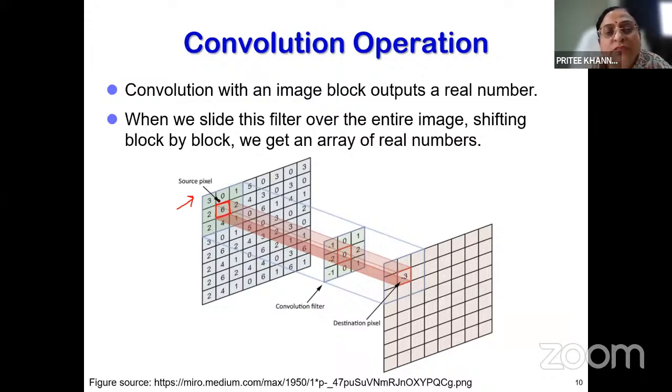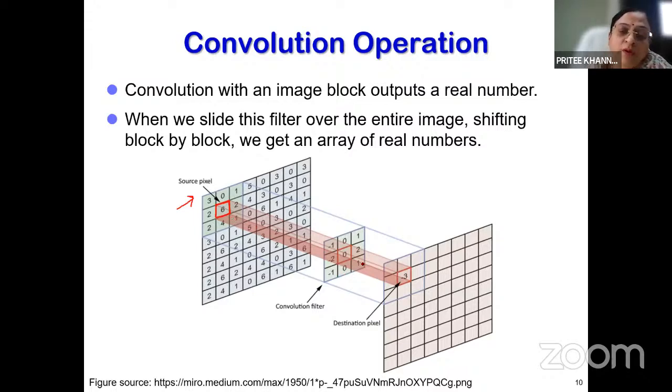Now we simply multiply the corresponding terms and then do the addition. I will explain these things in more detail also, but here you can see 3 into -1, 0 into 0, 1 into 1, then 2 into -2, 6 into 0, 2 into 2, 2 into -1, 4 into 0, and 1 into 1.